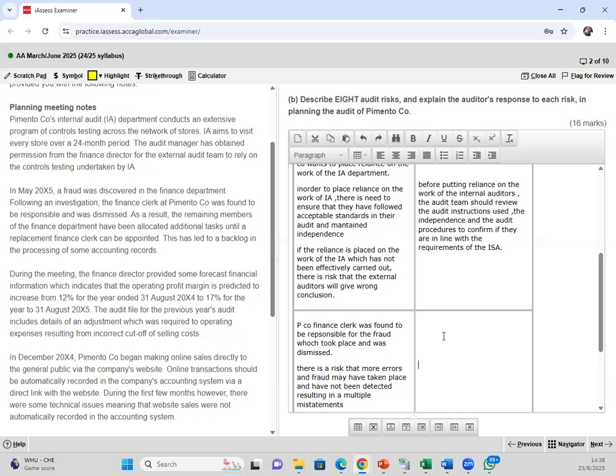In the event that you don't know where exactly to check, we talk about increasing professional skepticism. We can say perform more detailed testing, or more substantive tests.